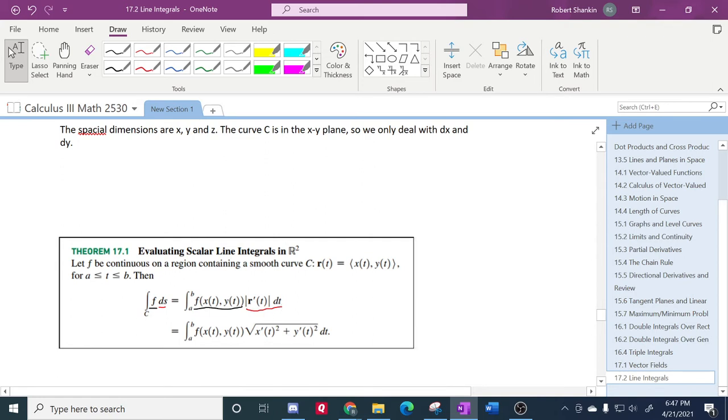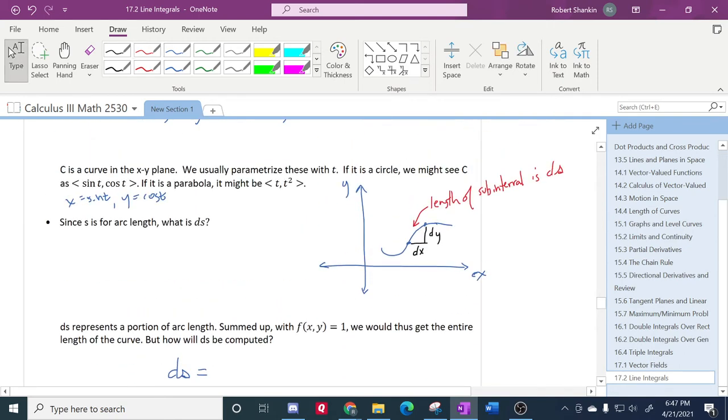Remember, r is this, and so r prime is x prime, y prime. And so then the magnitude of r prime is the square root of the sum of the squares of these, which is also consistent with this picture over here.